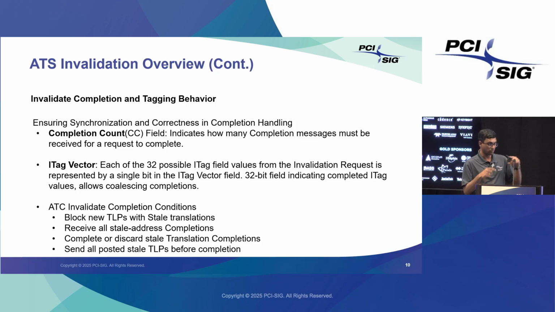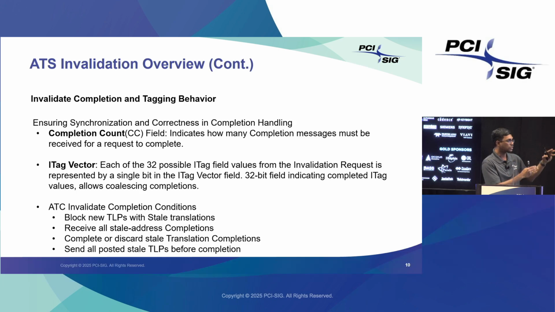When the device sees an ATS invalidation request, it doesn't send any new TLPs with the stale translations. It waits to receive all outstanding translation completions and completely discards the stale translation completions, and it sends the posted TLPs already queued.